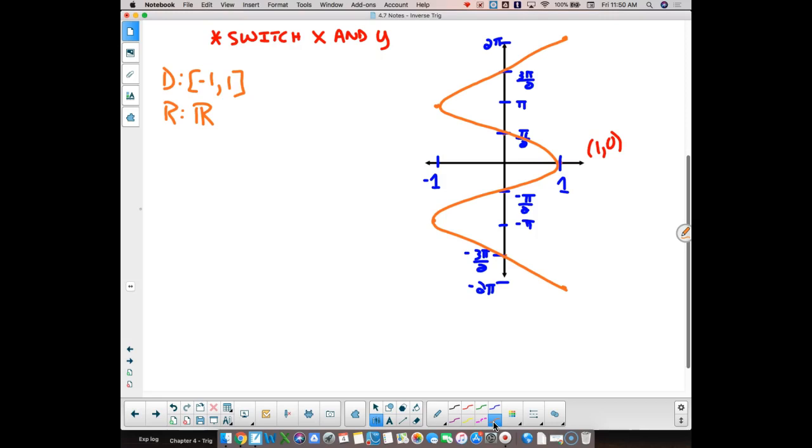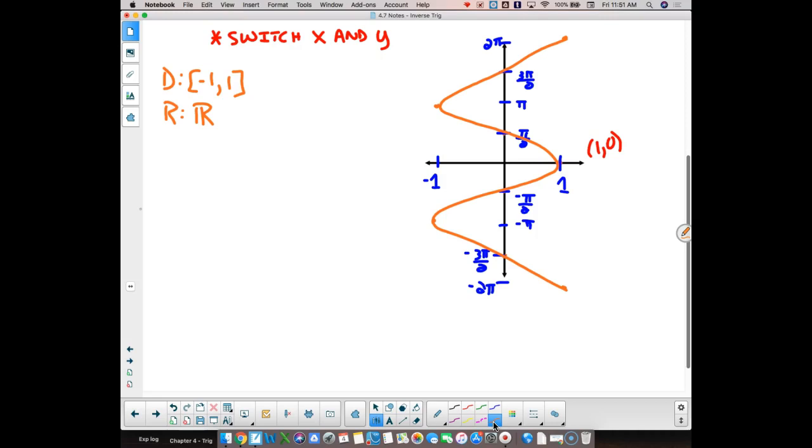Now, what's the problem again? We had the same problem yesterday. It's not a function. It doesn't pass our vertical line test. Okay? So we can't just use it as is. Okay? But I need to have all of the domain values work for me.